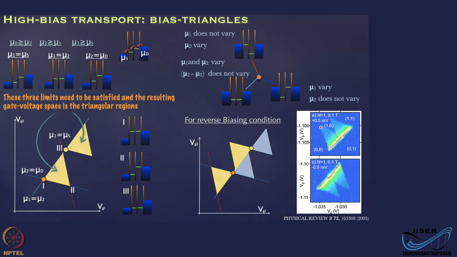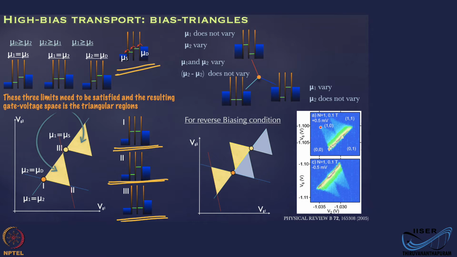That represents the region where you are going to have non-zero current in this biasing condition. And I have represented schematically these three energy levels corresponding to the corners of this triangle.